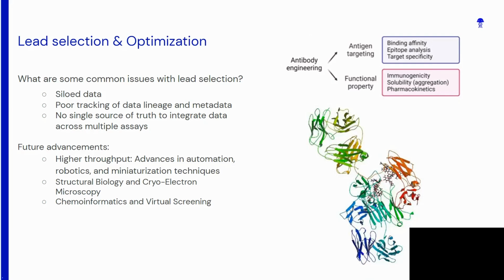And to your point about higher throughput, especially using automation and robotics, it used to be that those types of instruments and technology were fairly expensive and required a lot of funding to actually set up. So a lot of the bigger companies were doing it.